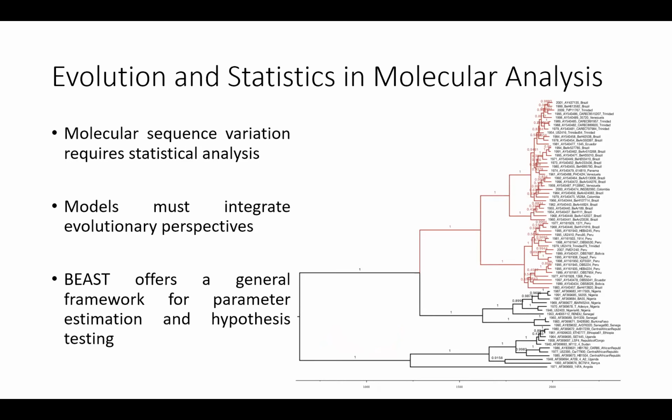In modern molecular analysis, understanding sequence variation is a crucial moment, and this understanding is deeply rooted in statistical analysis. It's widely accepted that molecular sequence questions are essentially statistical, involving parameter estimation and hypothesis testing.